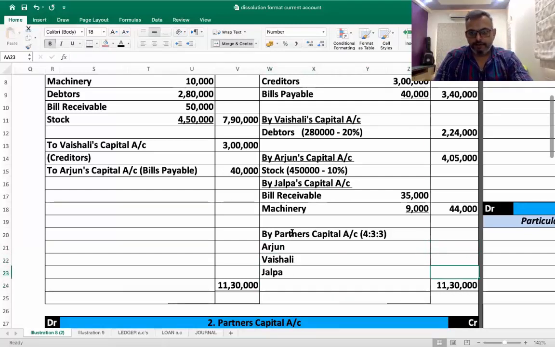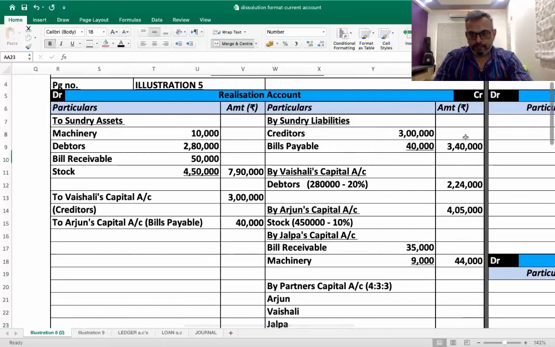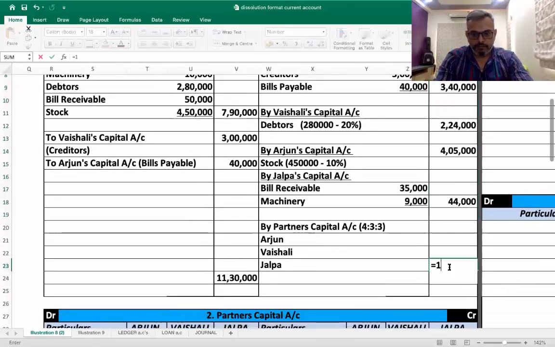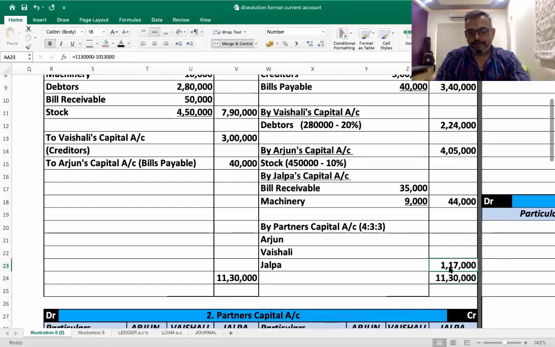Find out the difference. 1,17,000. So you distribute in the ratio 4:3:3. Take a calculator with you and find out how much you are getting.